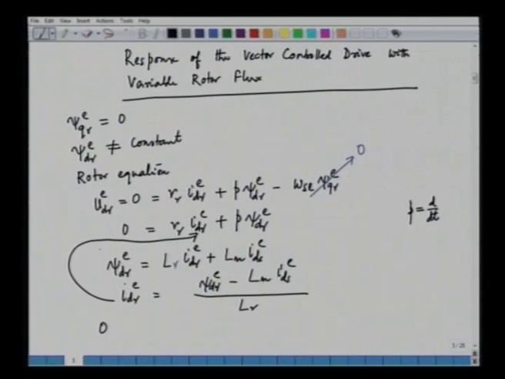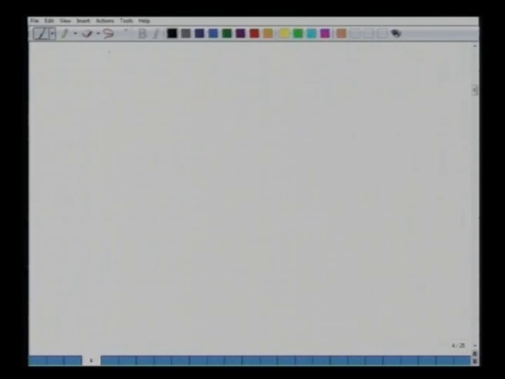This equation of the rotor can be rewritten in the following way: 0 is equal to RR by LR into psi dr E minus LM into IDSE plus P psi dRe. Again, we can further simplify this.